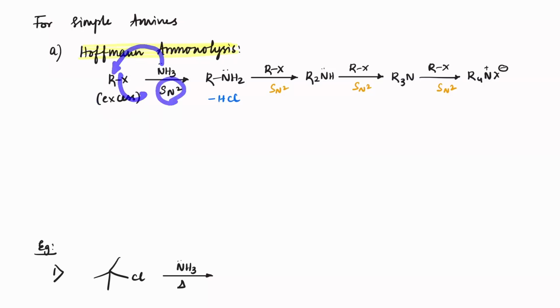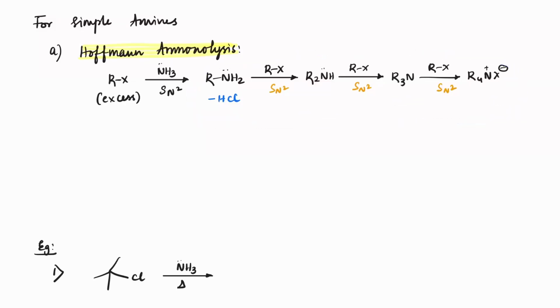First you will get RNH2, and if you have RX present in a larger quantity, that amine would again attack, remove this X, and you'll get a secondary amine. If you keep doing that, you'll get tertiary and eventually quaternary. So basically, you're not getting one as a major product. You'll get a mixture of all four: 1 degree, 2 degree, 3 degree, 4 degree.